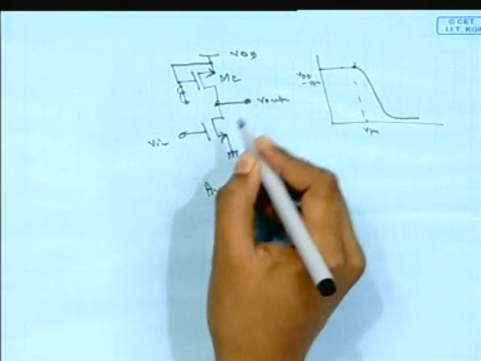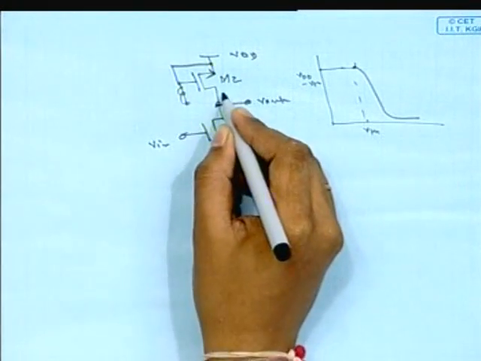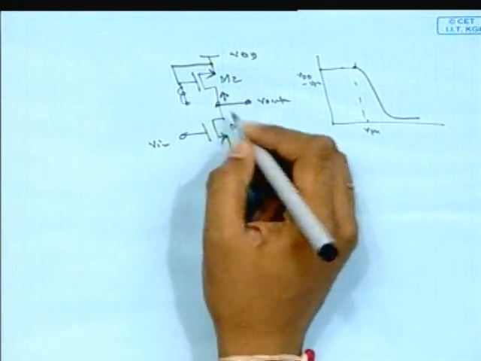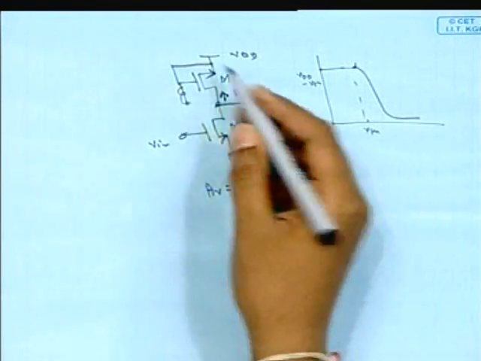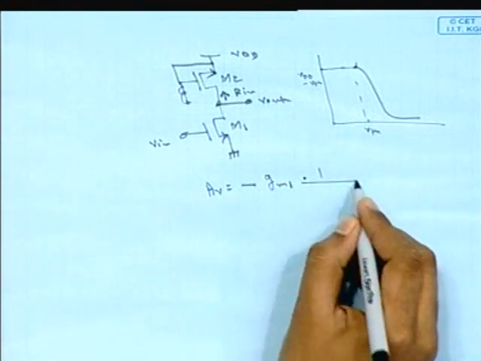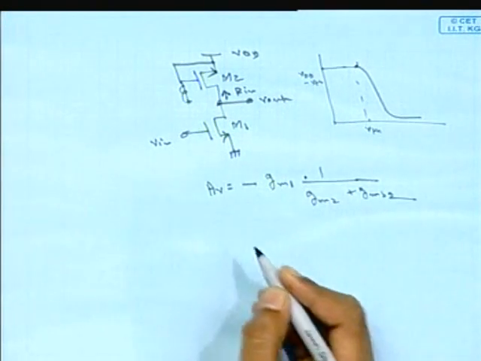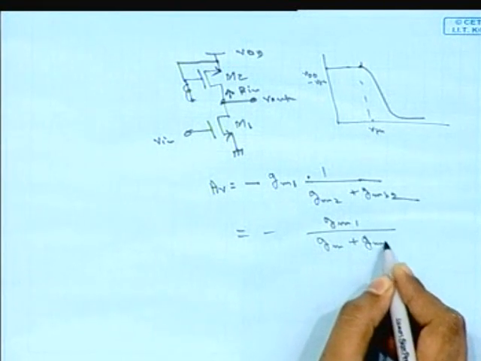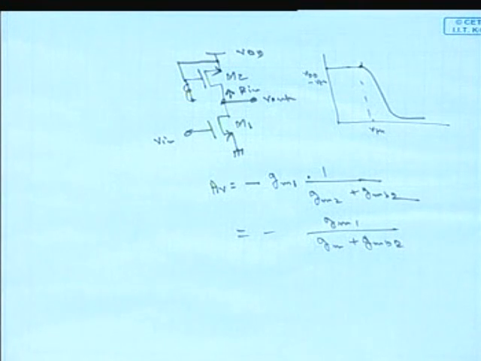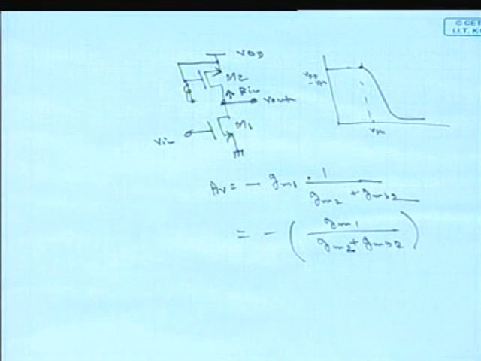This is an M1 transistor and that is an M2 transistor, so this is Gm1, and the output resistance is whatever this transistor sees in this direction, that is the Rin of that particular diode connected load, which is already calculated as 1 by Gm2 plus Gmb2. So it is Gm1 by Gm2 plus Gmb2. In this case, we have neglected the effect of the channel length modulation to simplify the calculation.